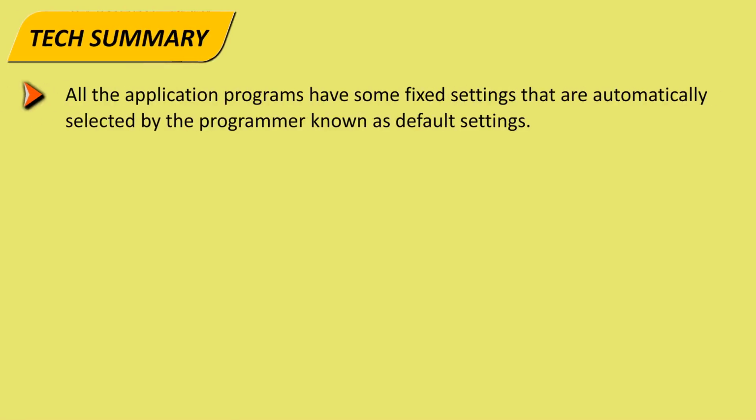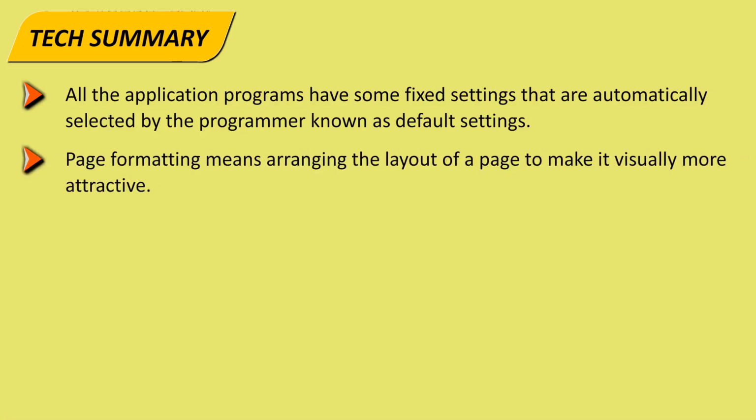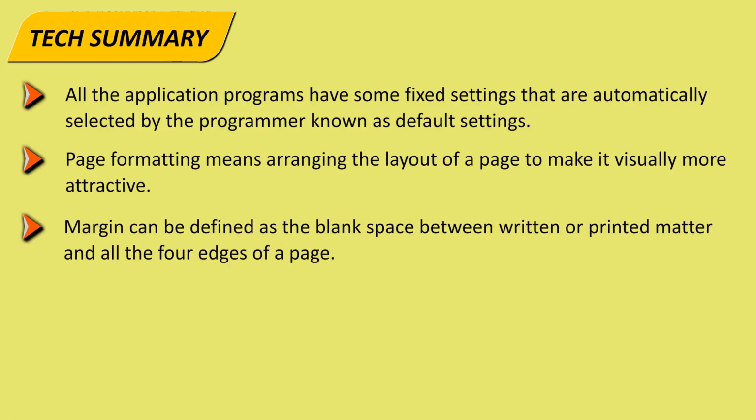Text summary. All the application programs have some fixed settings that are automatically selected by the programmer, known as default settings. Page formatting means arranging the layout of a page to make it visually more attractive. Margin can be defined as the blank space between written or printed matter and all the four edges of a page.